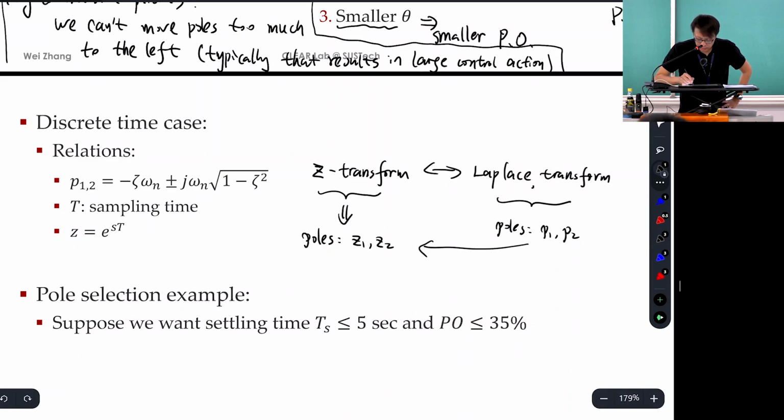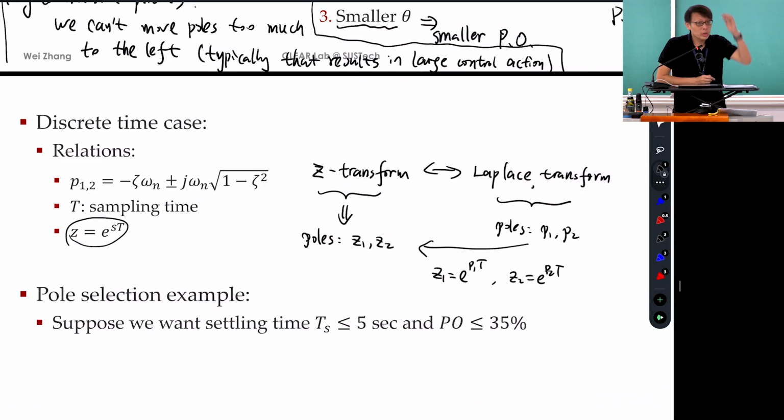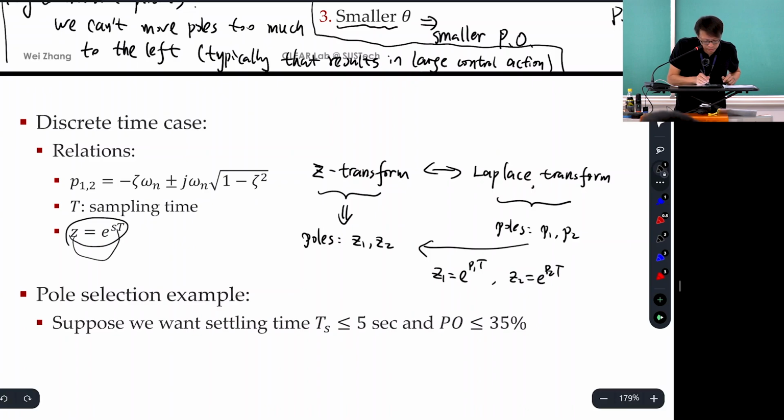I know that Z1 equals e to the P1 t and Z2 equals e to the P2 t, as I mentioned, the relation Z is e to the st. We derived it early in this class. I think you should have learned it in your signals and systems or control engineering class, but we rederived it in lecture note 2. So you plug in the poles for S, you get the poles for Z.